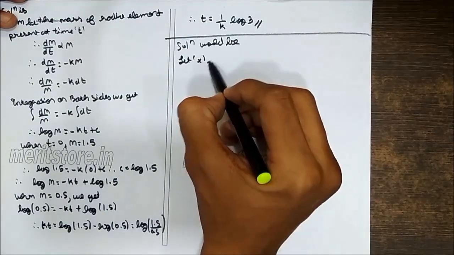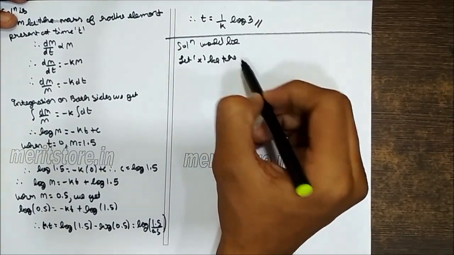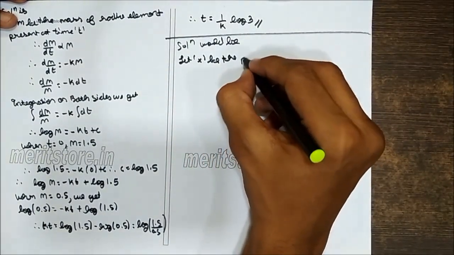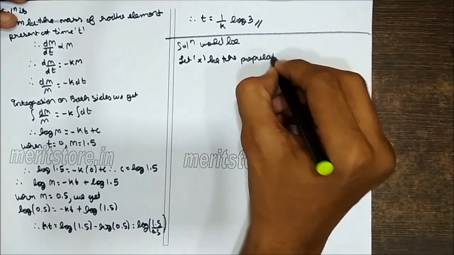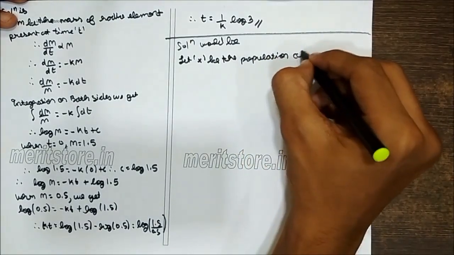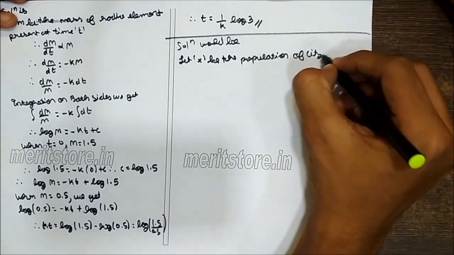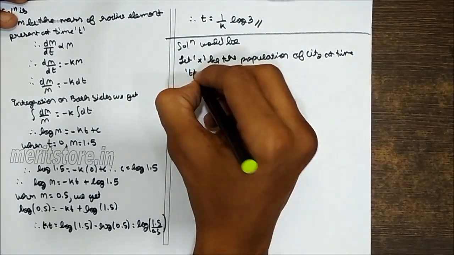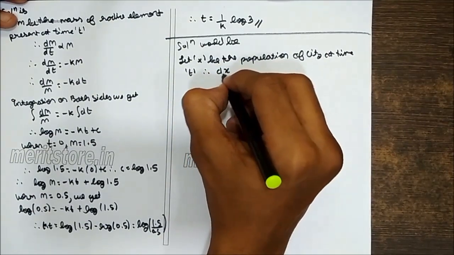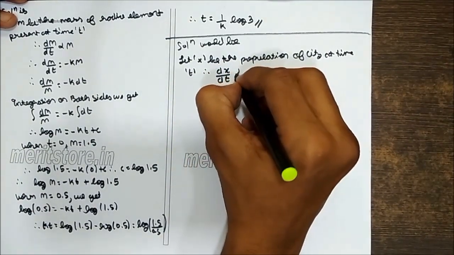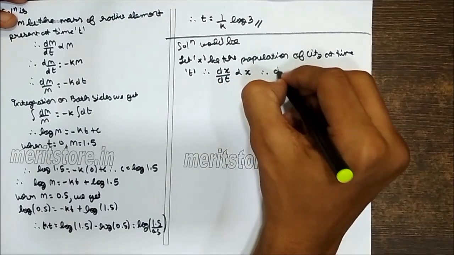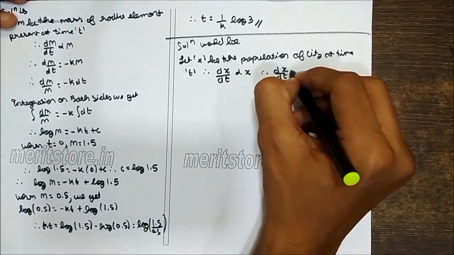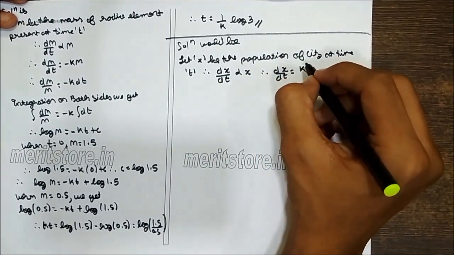let x be the population of city at time t. Therefore, dx by dt is proportional to x. Therefore, dx by dt is equal to kx.